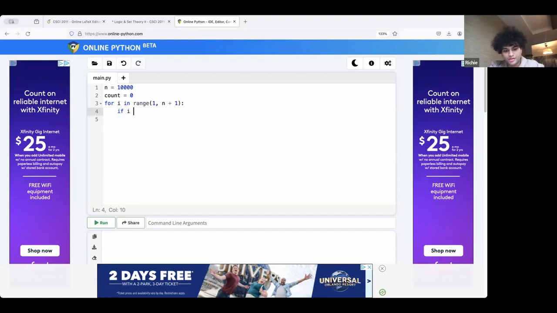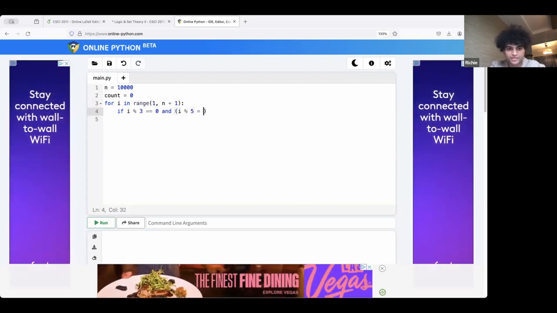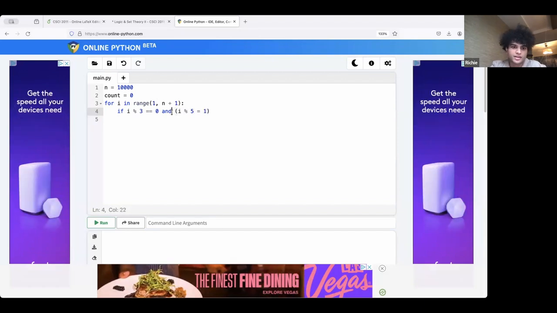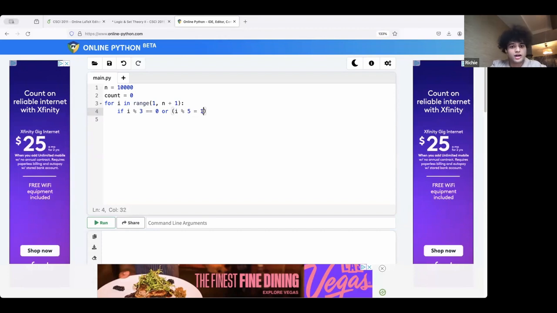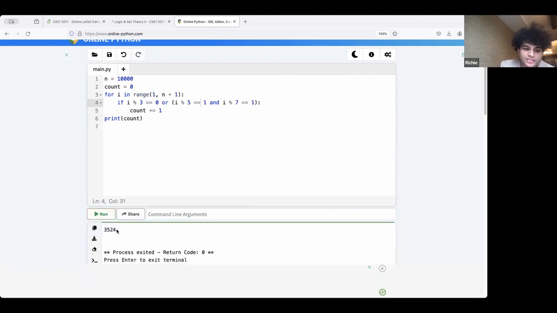If my number is a multiple of 3, and whenever I divide my number by 5 I get 1, by the way, this should be an OR, and whenever I divide it by 7 I get 1, then I meet my condition and I'll increment my count. Let's print out the value for my count. We have to use 2 equals signs. All right, so we get 3524.